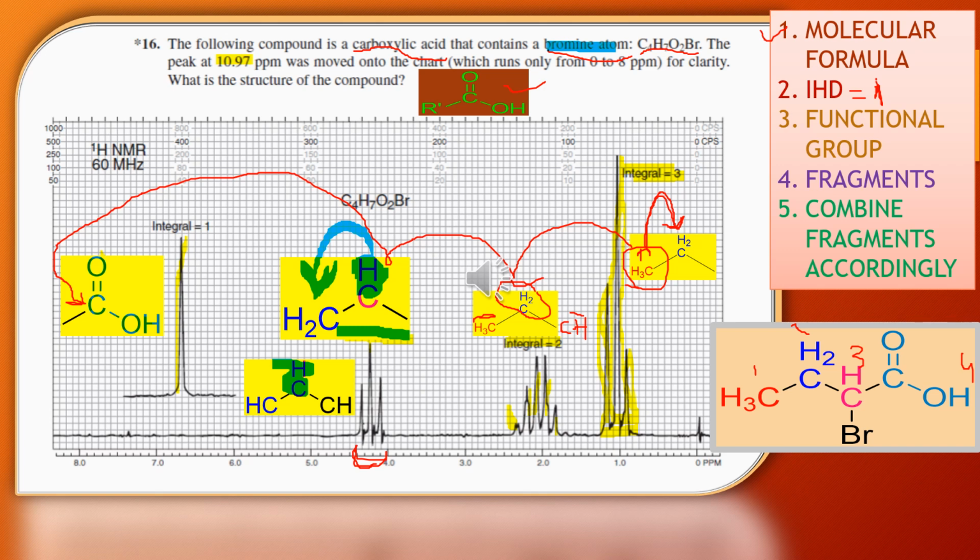There are 4 peaks present: 1, 2, 3 and 4. So 4 peaks, 4 types of hydrogen. And that was CH, so obviously the Br will be attached to this carbon. So this is all about this NMR problem.